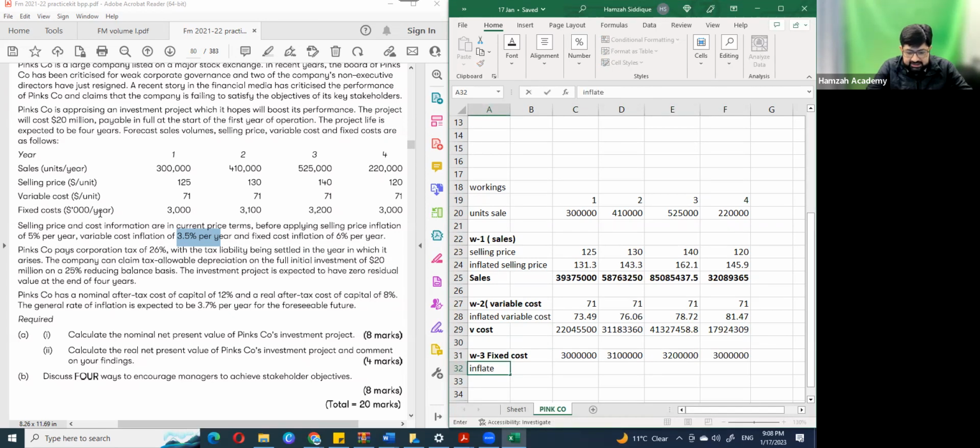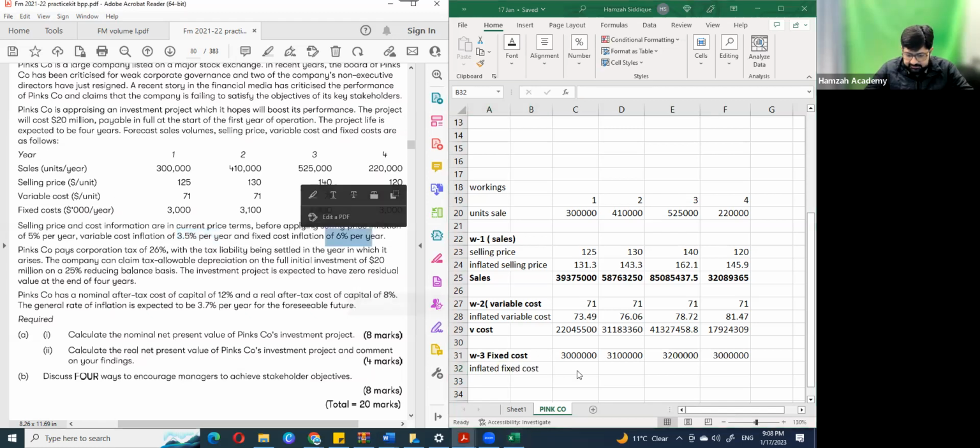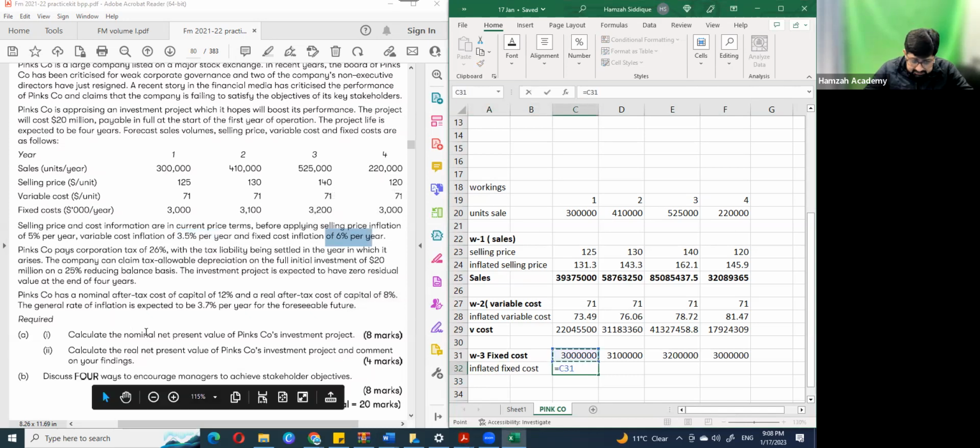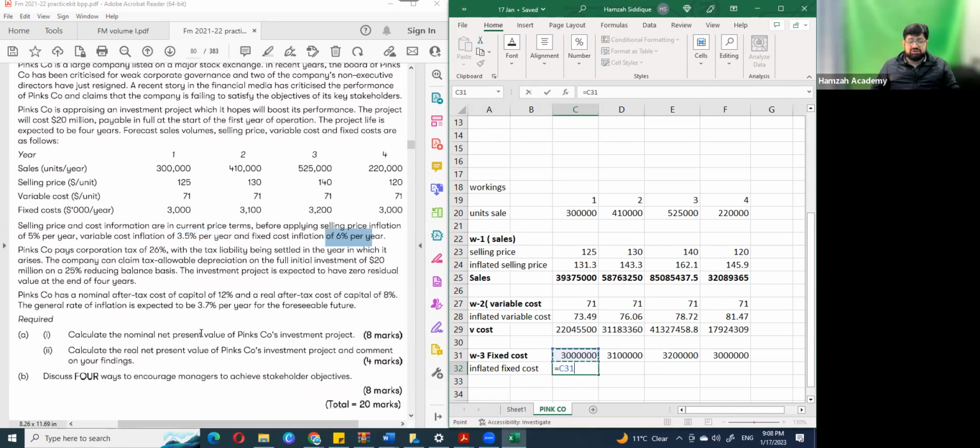So inflated fixed cost 6%. That's what we are doing, by the way. We are doing the first part, nominal, where we have to inflate all cash flows to get nominal cash flows first.